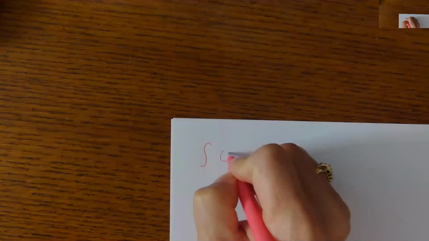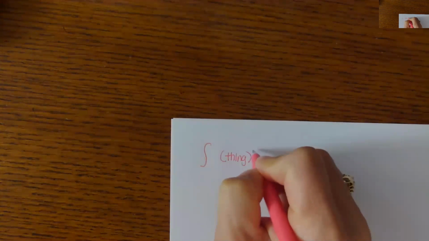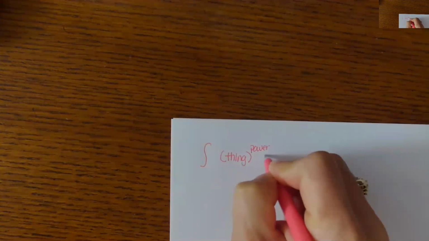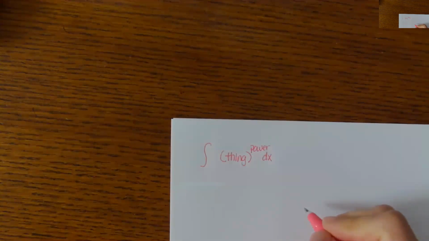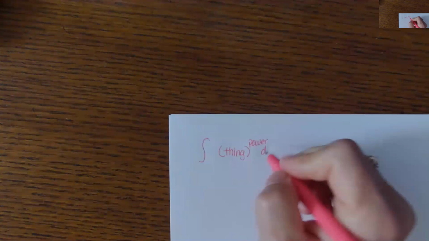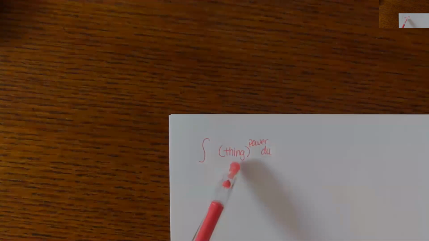So if you're trying to integrate, I'm just going to use the word thing, to a power, then, well, let me write du. Okay, so in other words, I have like 3x plus 7 raised to a power.